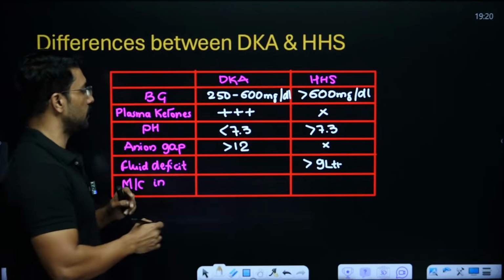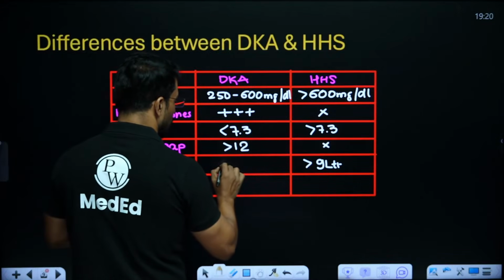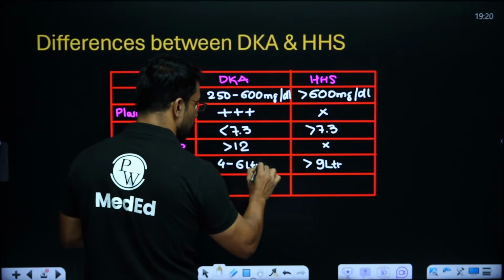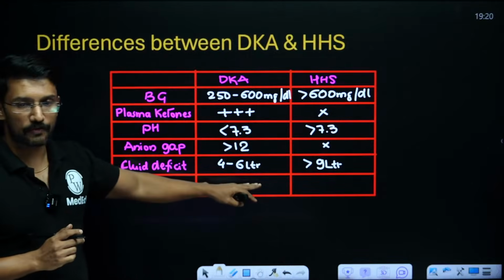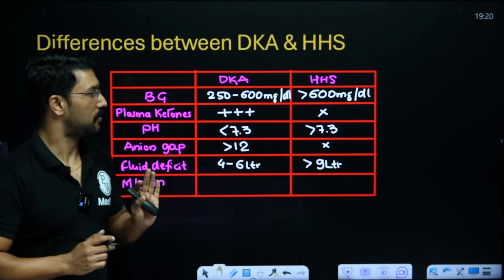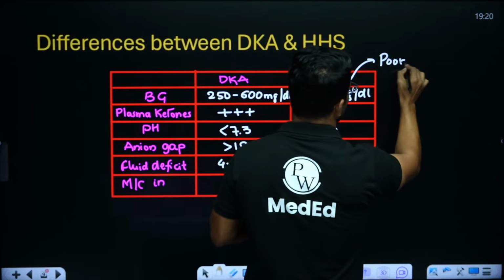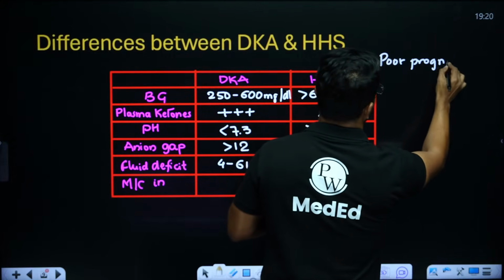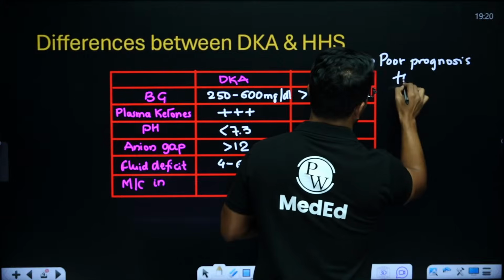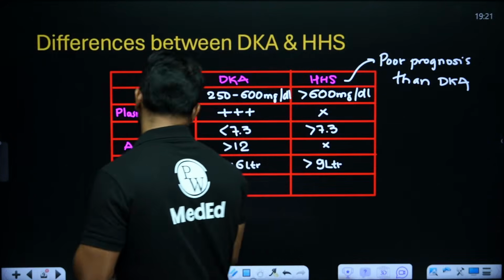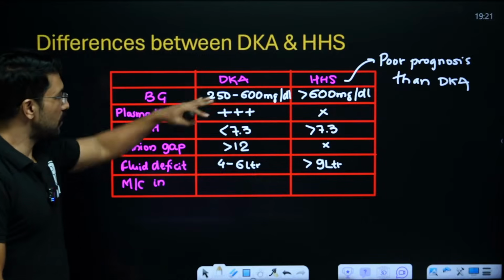So when I get a patient with DKA, he might have lost around 4 to 6 liters of fluid from the body. So he is at lesser fluid deficit than this HHS patient. So that is why patients with HHS carry poor prognosis than diabetic ketoacidosis.